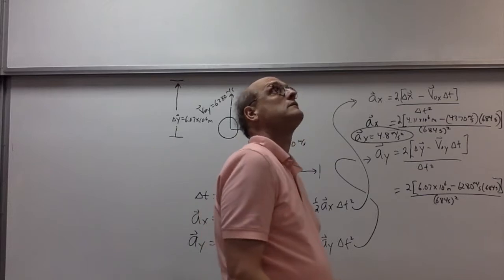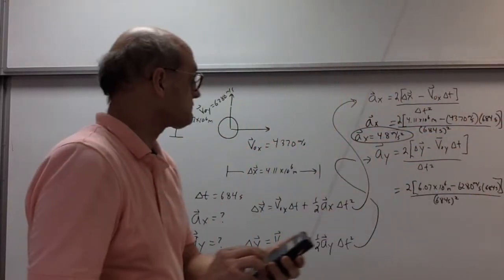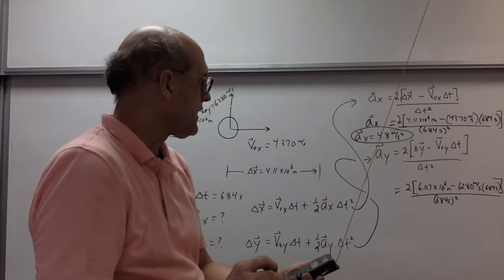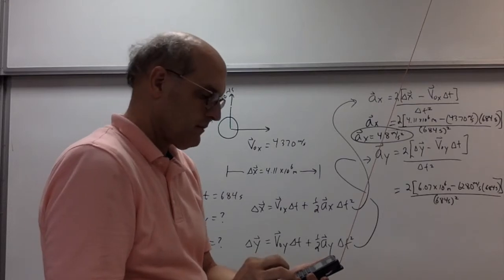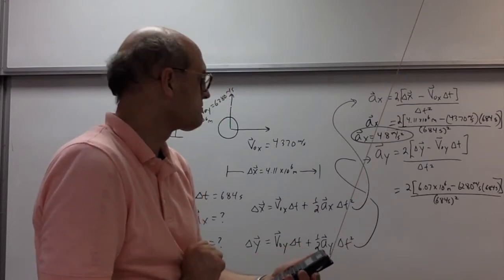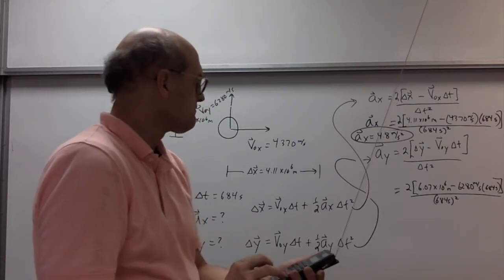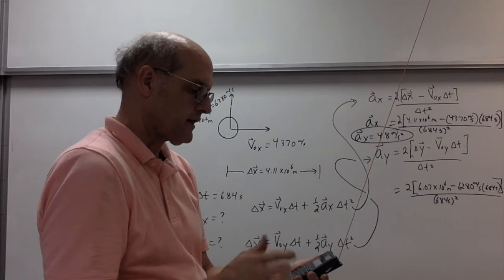In the Y, oh, there's my calculator. Okay, we take 684, multiply it by 6,280, put that into memory, and 6.07 times 10 to the 6, minus what's in memory.